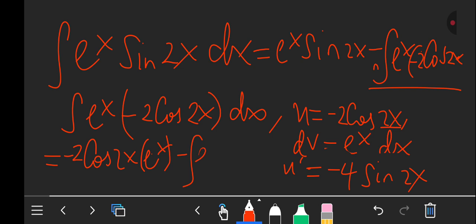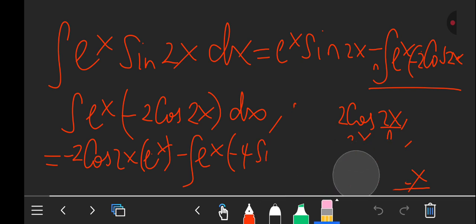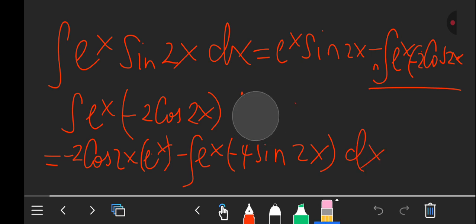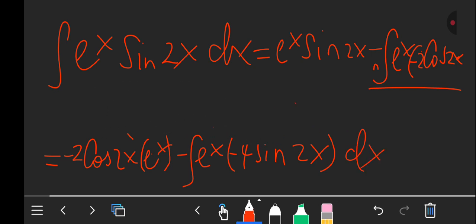My v is e to the power x. Then what is my du? It's the derivative of u, that is negative 4 sine 2x. So I can substitute this expression there, sine 2x like that, then dx.